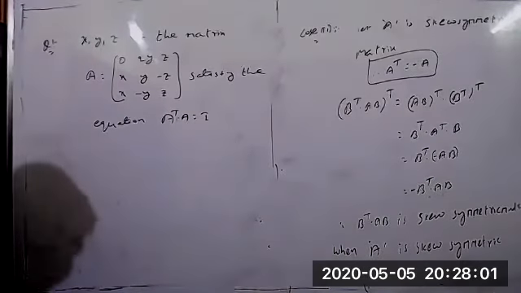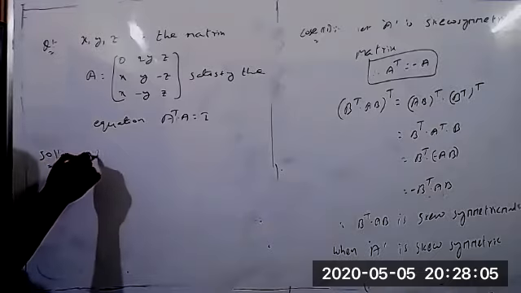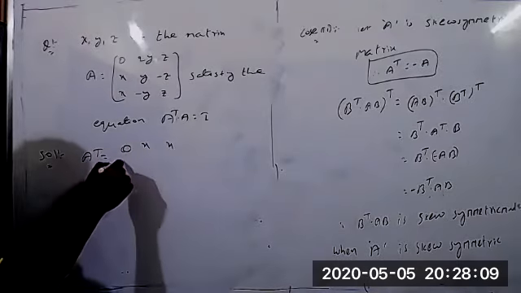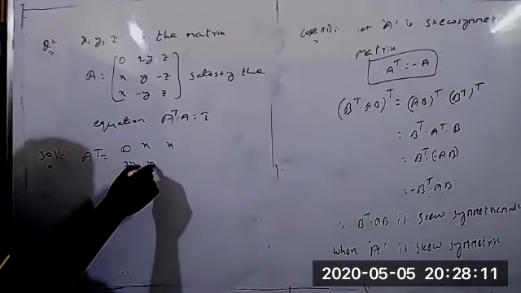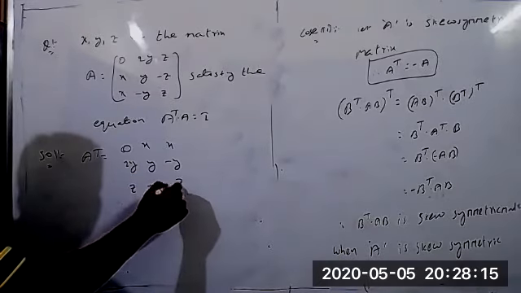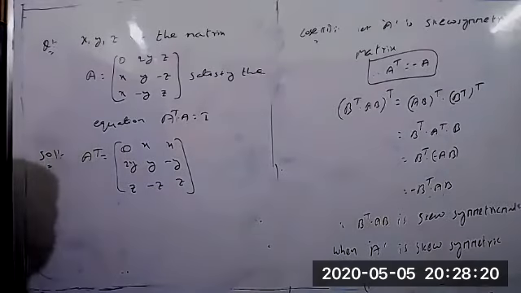So first you can find A transpose. A transpose equal to 0, x, x; 2y, y, minus y; z, minus z, z. Now take this condition. What is the equation we have?